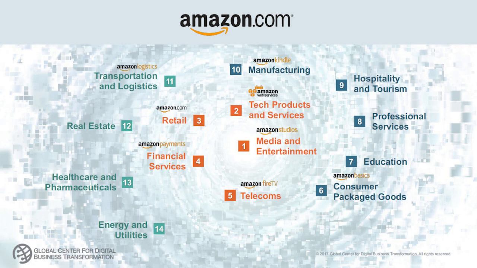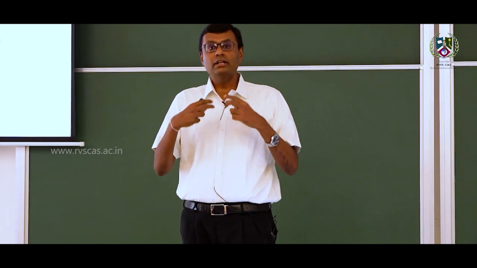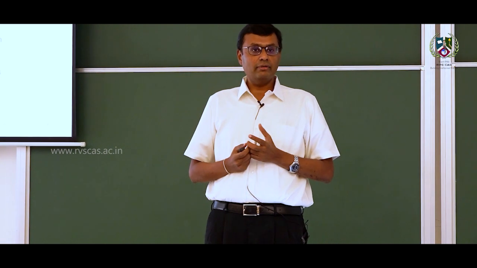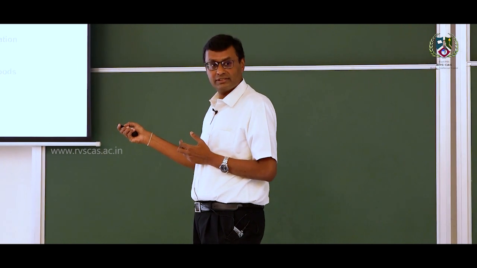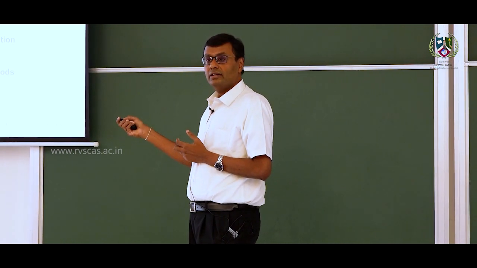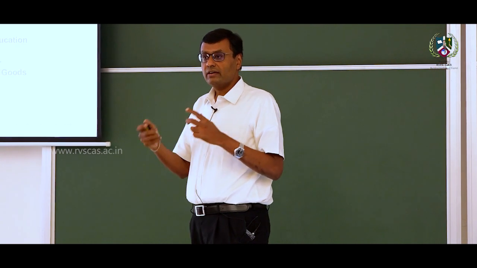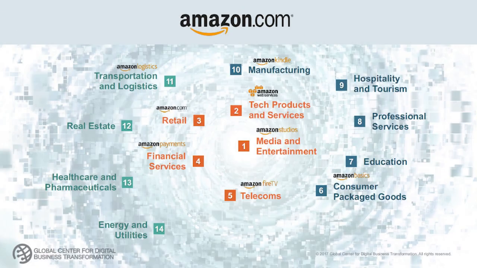Actually, Propel was a completely manufacturing company, but now he's saying he's also into this, right? So is it manufacturing or something else? The industries are converging. This is exactly what's happening here. What industry can you say that Amazon is in? Only retail.